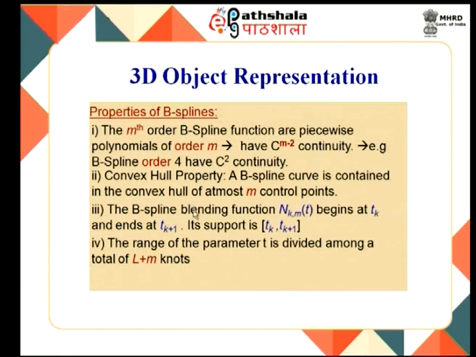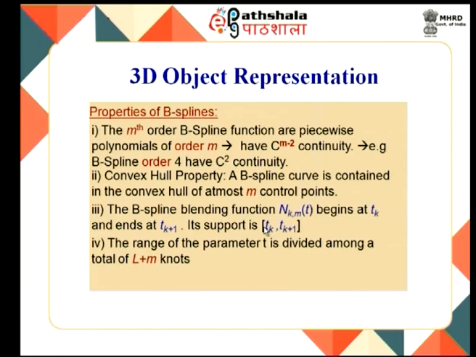And the B-spline blending function N k comma m of t starts at t k, that is N 0 comma 3 of t starts at 0, ends at 3 and so on, and ends at t k plus 1, that is N 0 comma 1 of t starts at t 0 and ends at t 1, and so on.